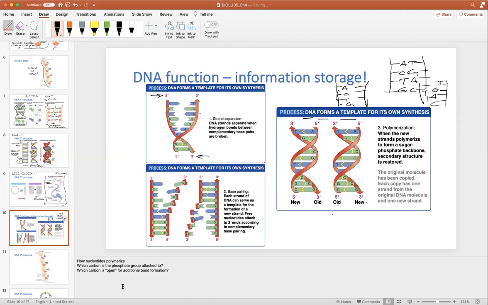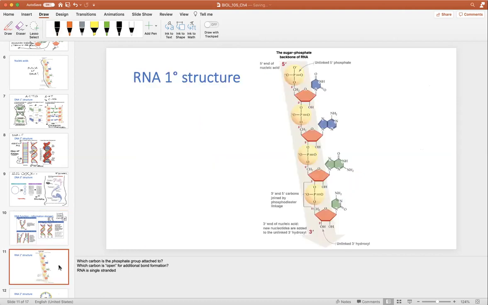Okay, let's switch gears and talk for a second about RNA. RNA is very similar to DNA in that it has a primary, a secondary, and it can have a tertiary structure. Now, RNA is different from DNA in that it is single-stranded, which is often abbreviated SS.